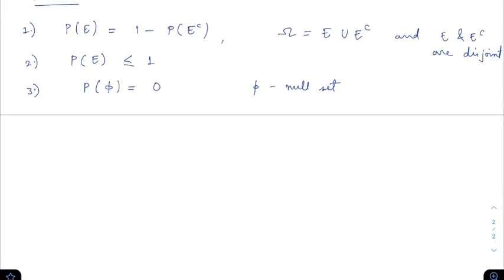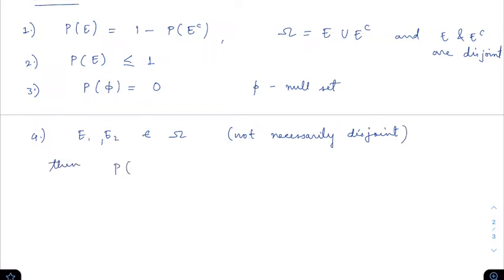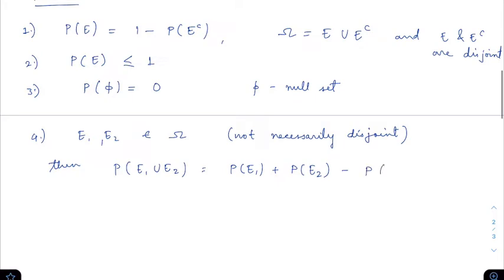Next, if E1 and E2 are subsets of capital Omega and not necessarily disjoint, then the probability of the union of E1 and E2 equals the probability of E1 plus the probability of E2 minus the probability of the intersection of E1 and E2.